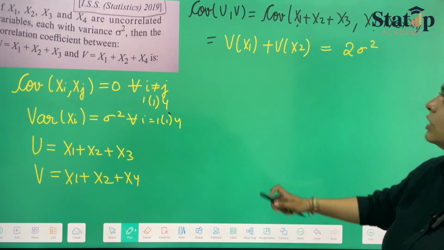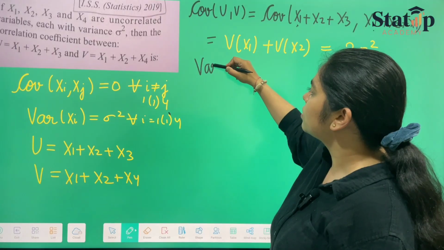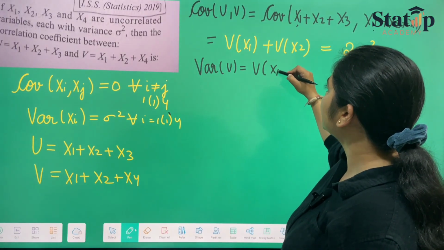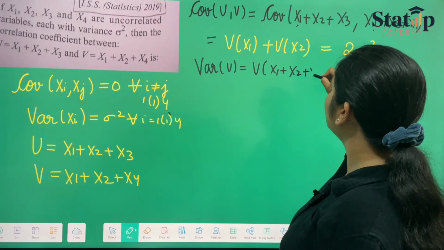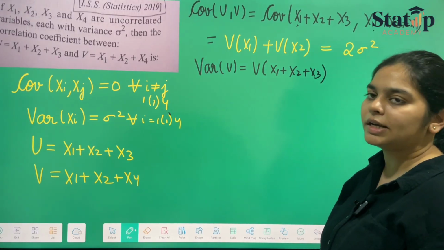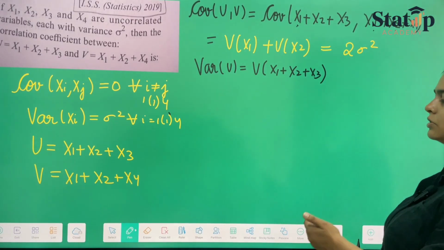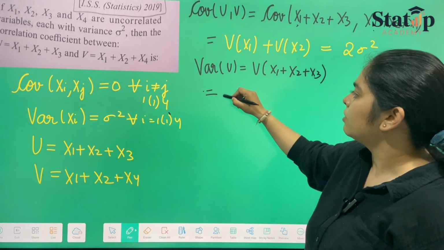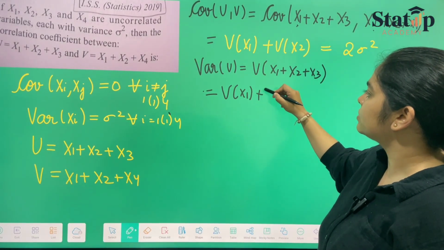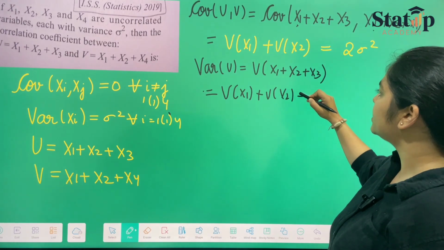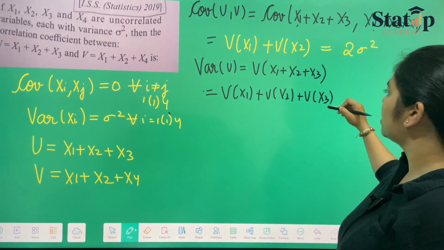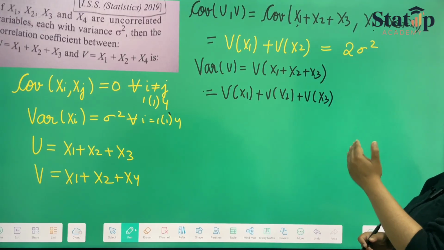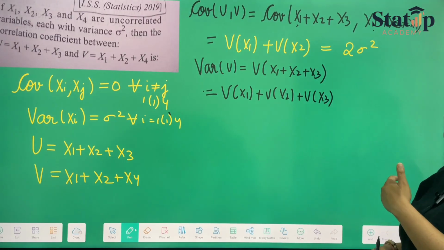Now moving forward with the variance. Variance of u, which is variance of x1 plus x2 plus x3. Now this also has a formula: variance of x1 plus variance of x2 plus variance of x3 plus covariance of x1 x2, x2 x3, x2 x1, x3, like this.